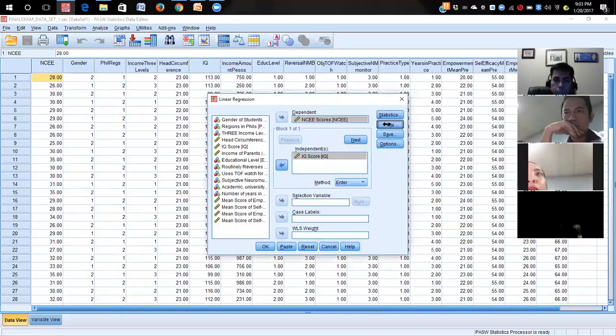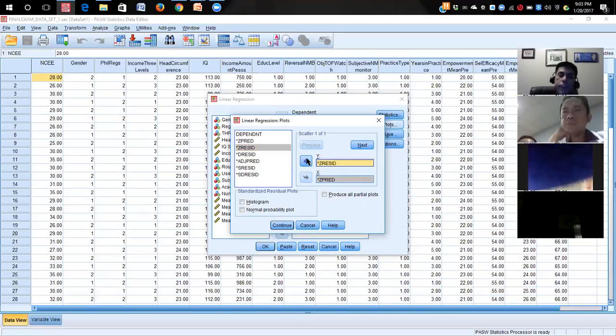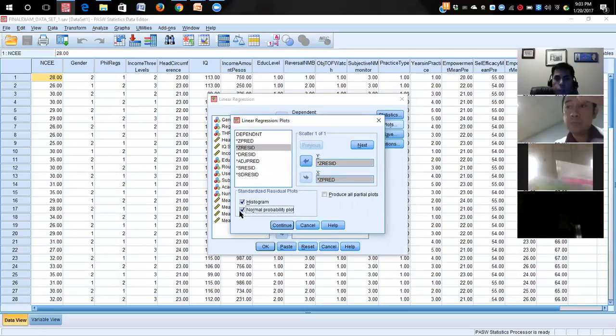For the plots, we always want the Z of our predictive variable, and that is our X, and the residual variable, which is the Z residual, as in our dependent variable, which in this case is the NCEE. And then we always want histograms, and we always want normal probability plot.